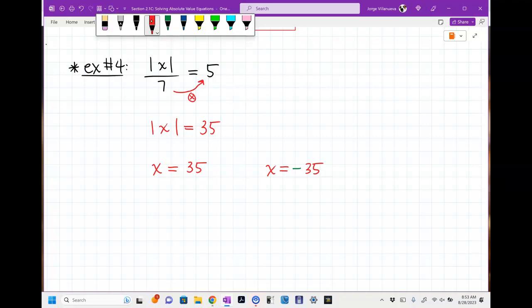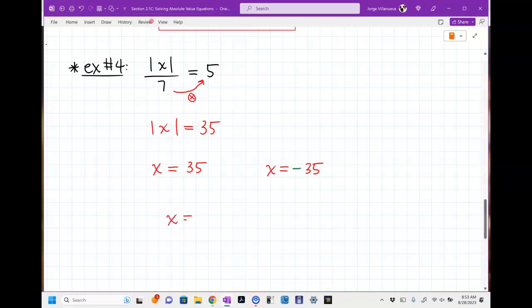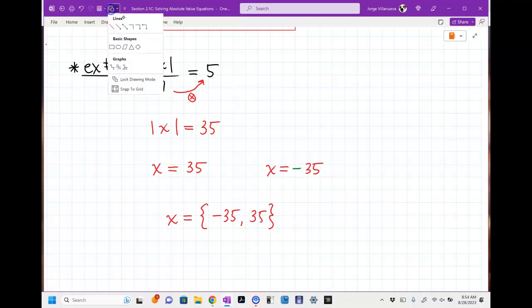No, I'm done, right? So let's write my answers. X equals negative 35 and 35. Some of you guys may have seen teachers write plus or minus 35. That's okay with me too. I don't mind. But just to keep it kind of orderly, I'm going to write it as two different pieces.